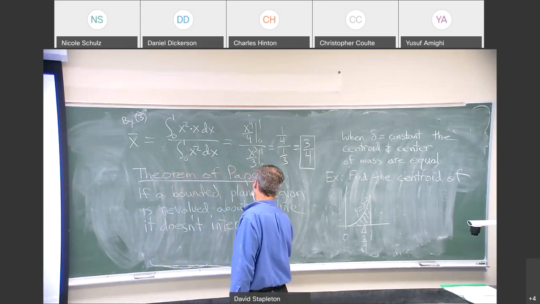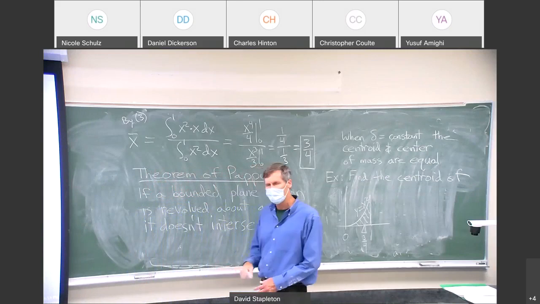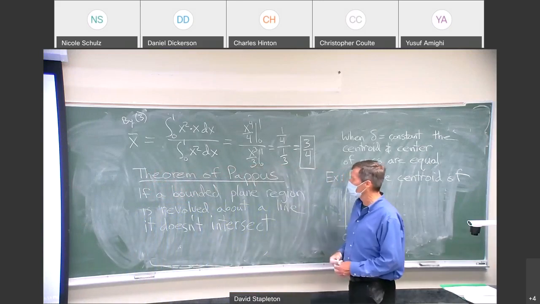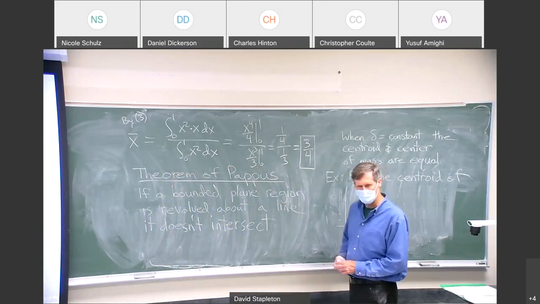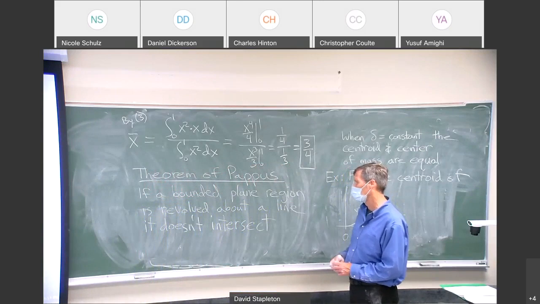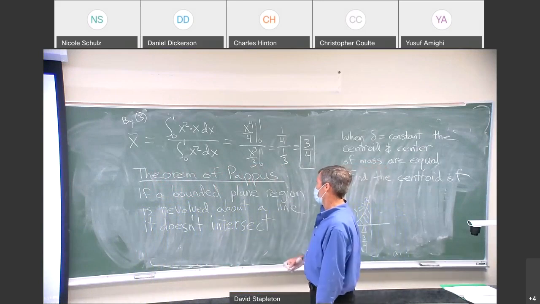What do you think the volume is of the solid it generates? This is an arbitrary shaped plane region. How can I say something significant about the volume it generates if it's an arbitrary shape? It just lies on one side of the line.